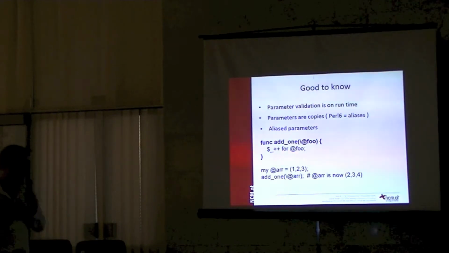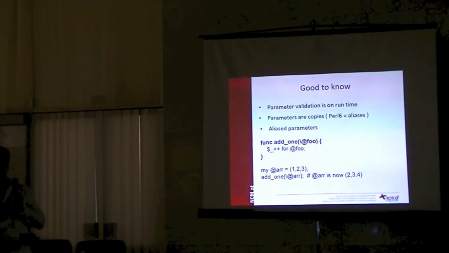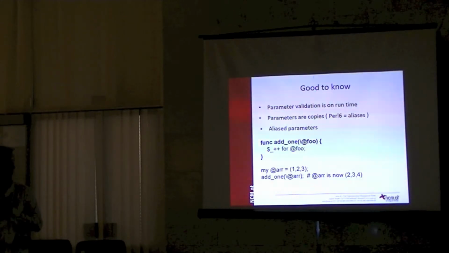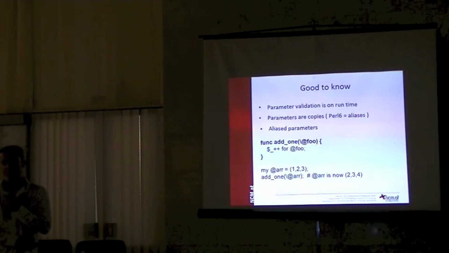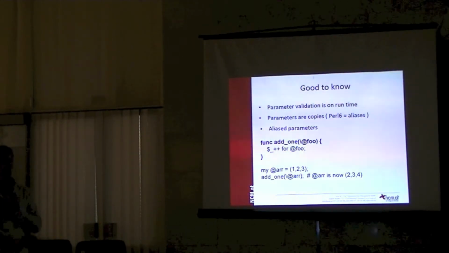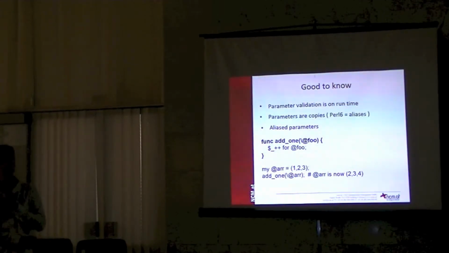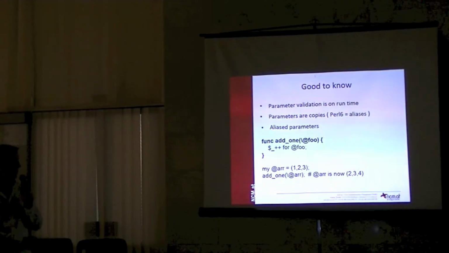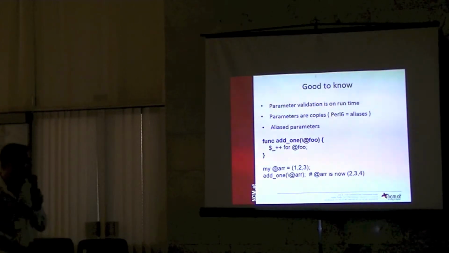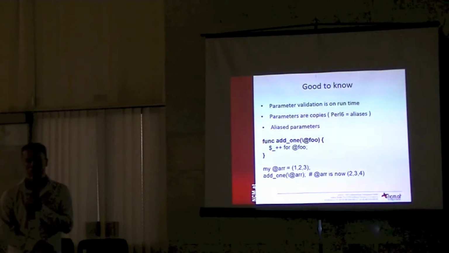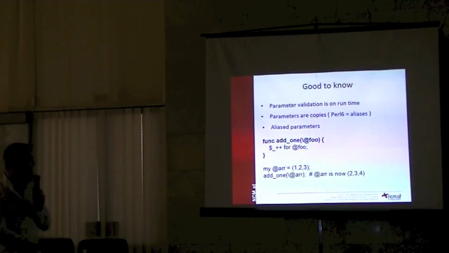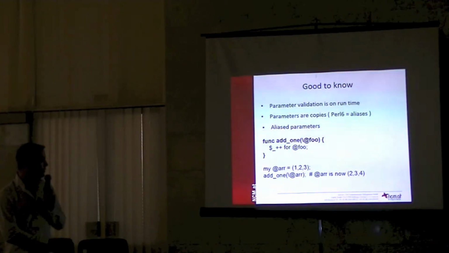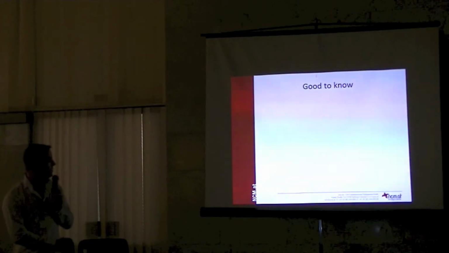So the interesting thing here is if you pass a reference to the array foo, you can access this reference with its name, and you don't have to do a dereferencing of it. I know that in Perl 5.18 or something we've changed it. So that's about this.